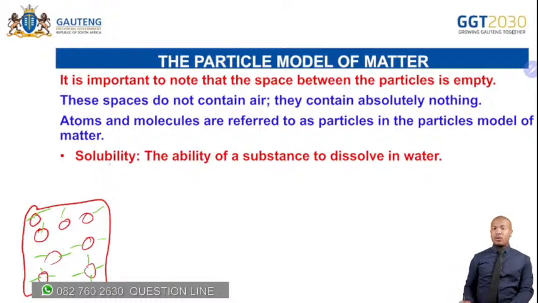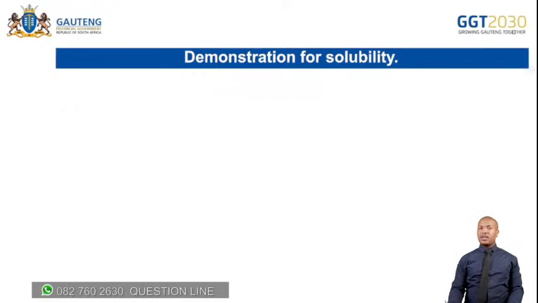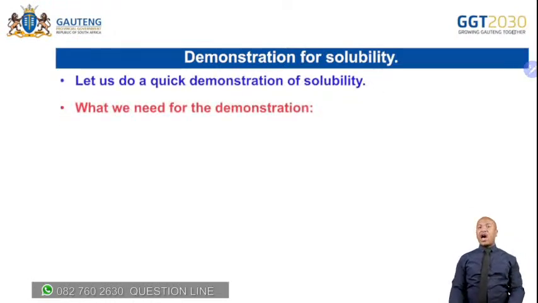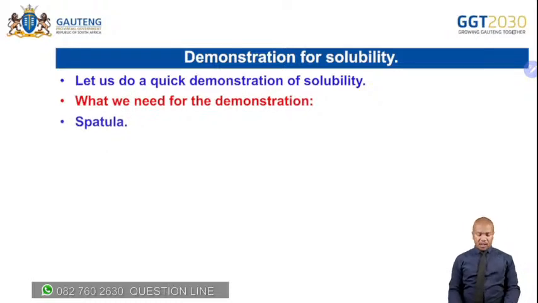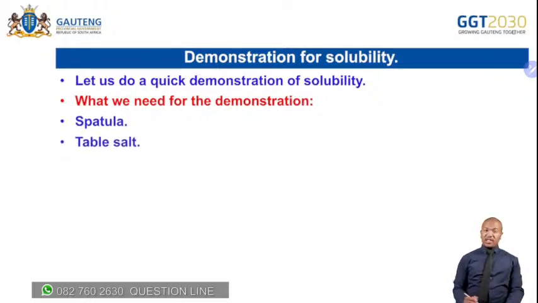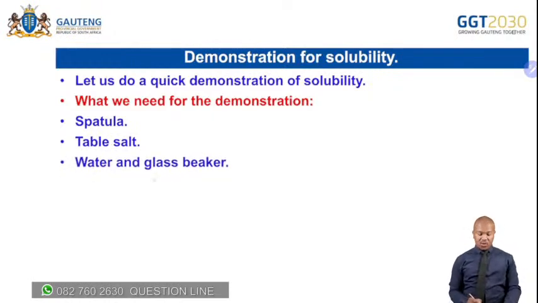So now we have solubility there. We said solubility is the ability of a substance to dissolve in water. So we're going to do a quick demonstration on solubility. But first of all, let's look at what we need for our demonstration. We need a spatula, table salt, water and a glass beaker.